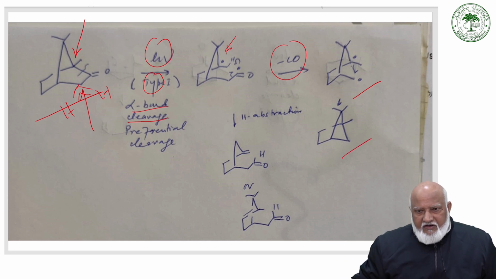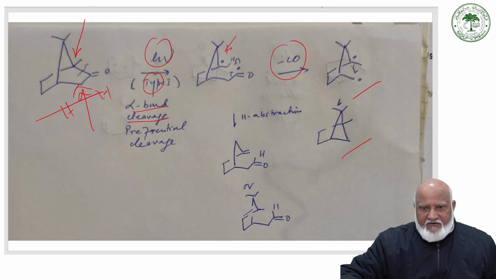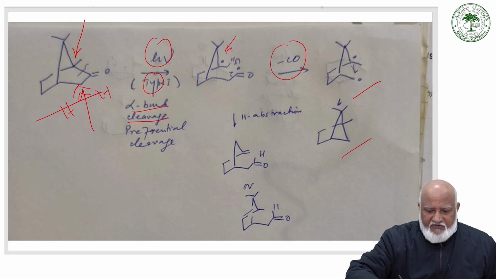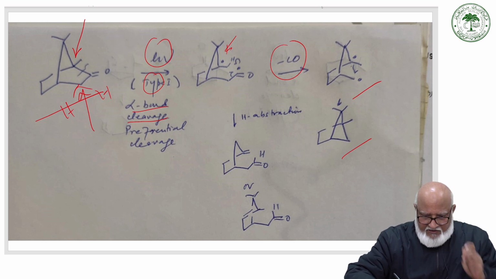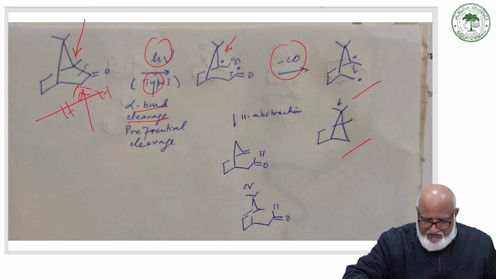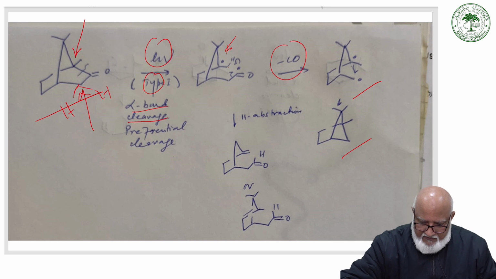Another important reaction observed in this alicyclic ketone is that the acyl radical abstracts the adjacent hydrogen atom. For example, this is CH3, and there are 3 hydrogens in this particular case.